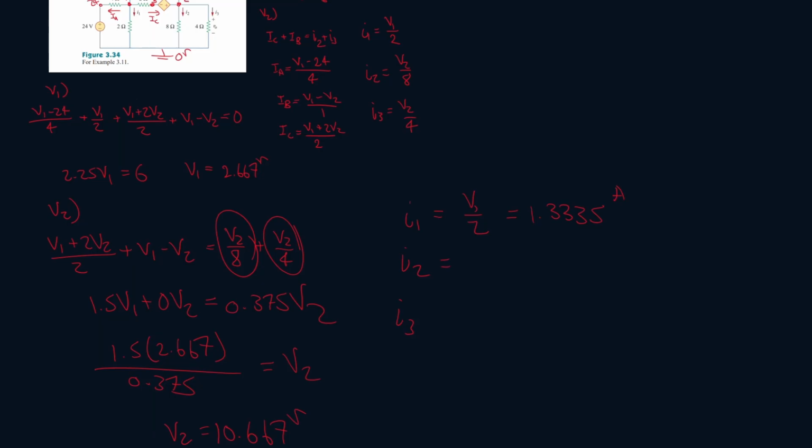I2, that's V2 over 8, so that's 10.667 over 8, which is 1.33375 amps. And then finally, I3 is V2 over 4, so it's 10.667 over 4, and that's 2.66675 amps. And these are your final answer.